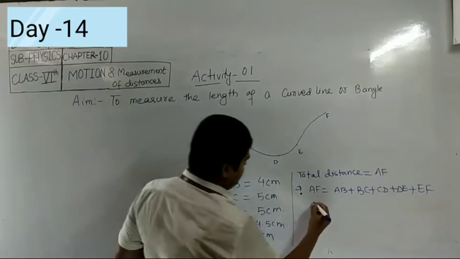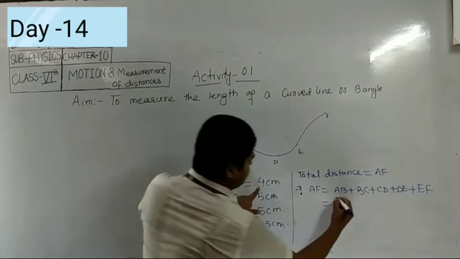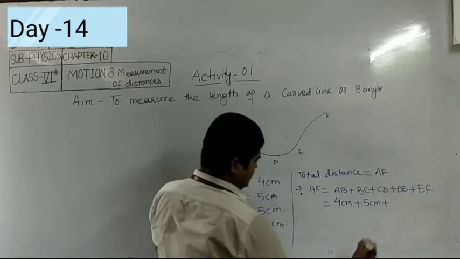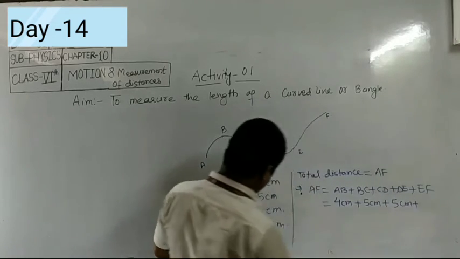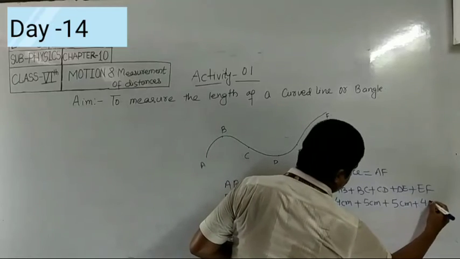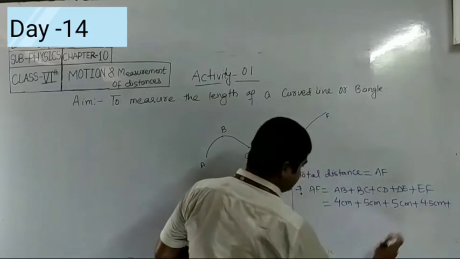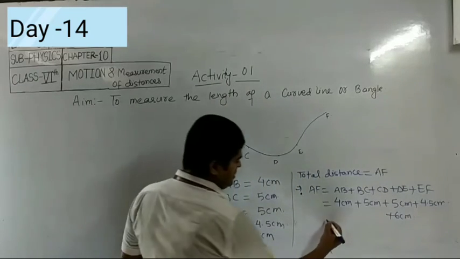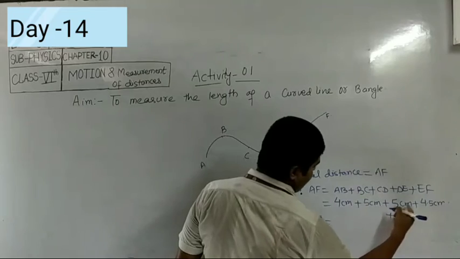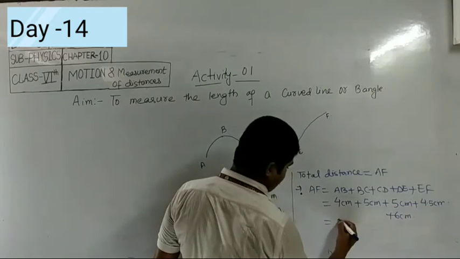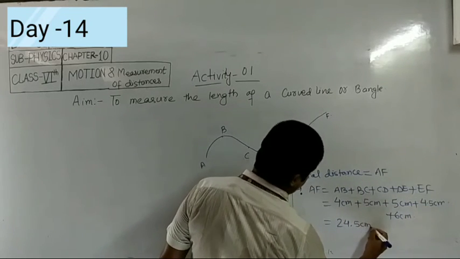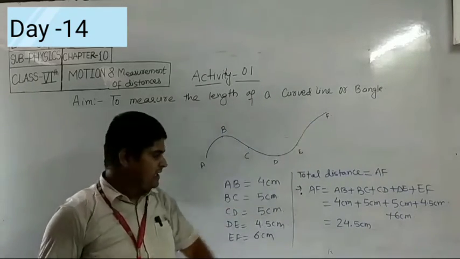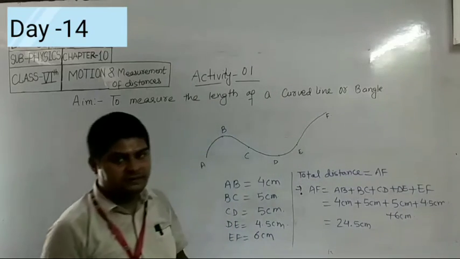Now put the value of AB 4 centimeter, BC 5 centimeter, CD also 5 centimeter, DE 4.5 centimeter, and EF is equal to 6 centimeter. 4 plus 5 is 9, 9 plus 5 is 14, 14 plus 4.5 is 18.5, and 6 makes 24.5 centimeter. That means you can say that the total length of this curved line is 24.5 centimeter.